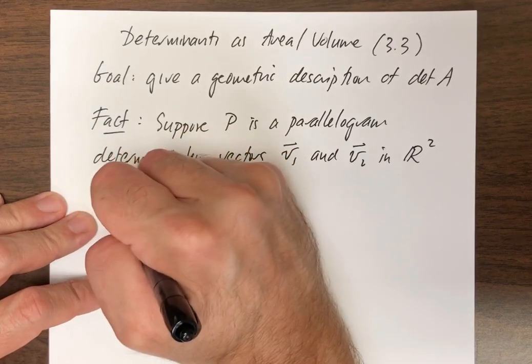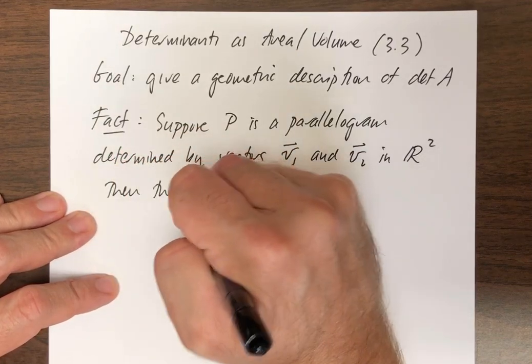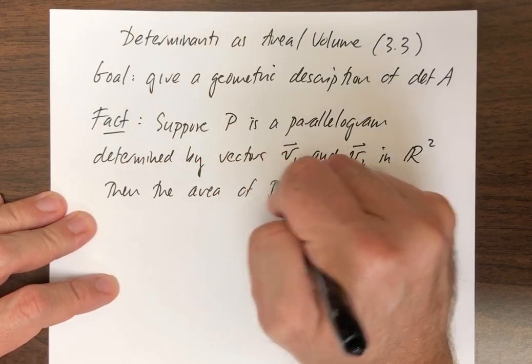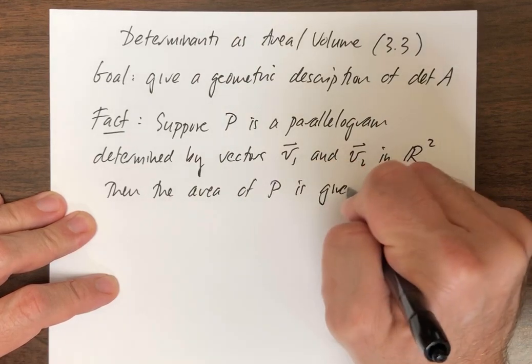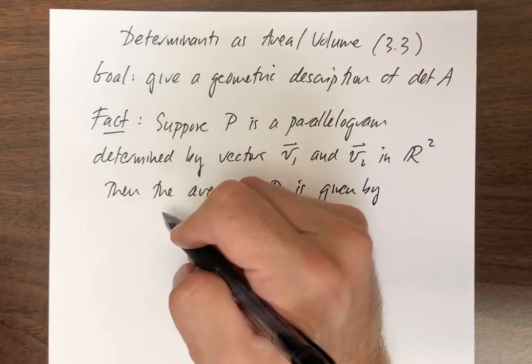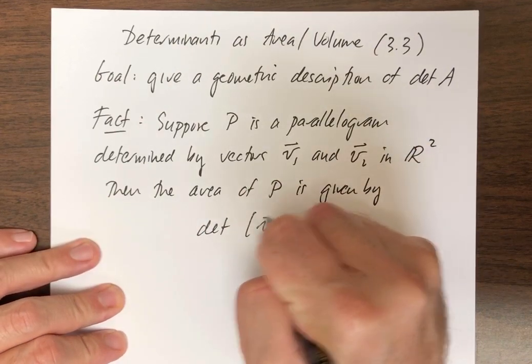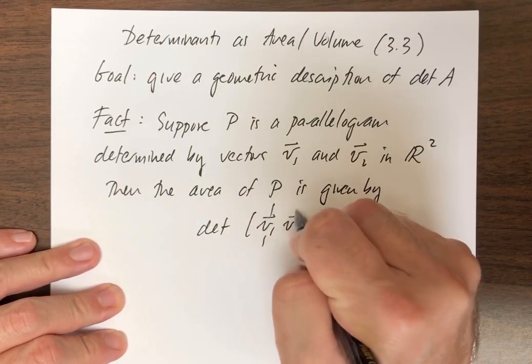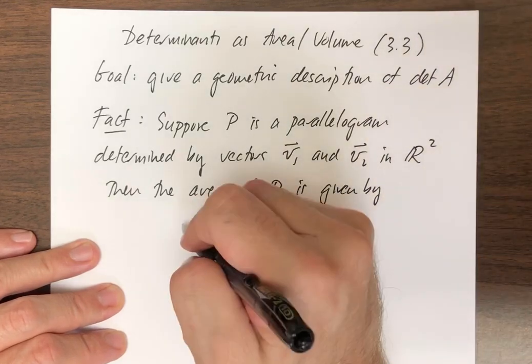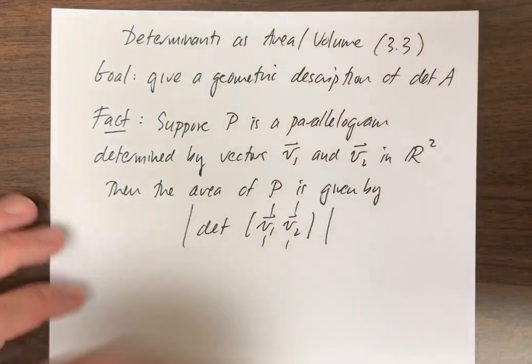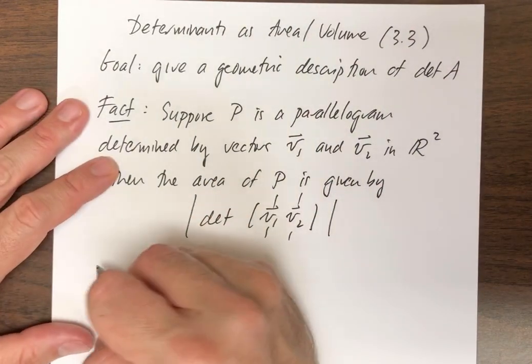But let me just tell you that the area of P is given by the determinant of a certain matrix. What I do is I take v1 in the first column, v2 in the second column. It's a little 2 by 2 matrix. That might be negative, so we take the absolute value. And let me do this with an example.